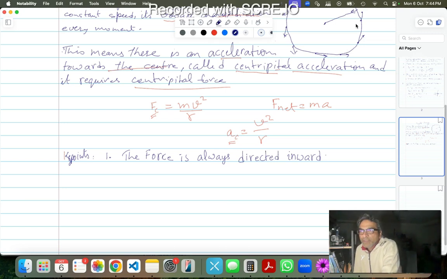The direction of the force will always be inside. Second point, without it, objects fly off tangentially. So what will be the direction of the trajectory?